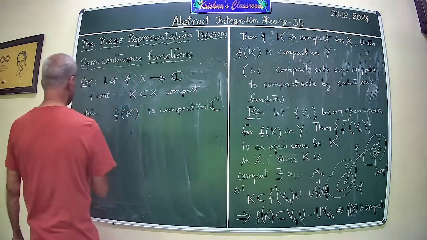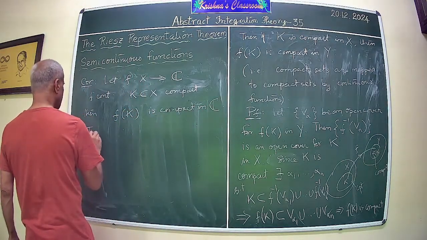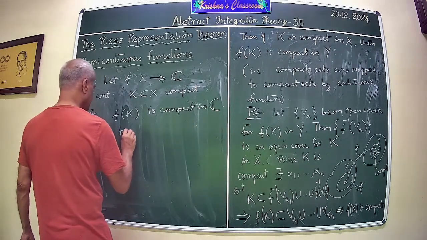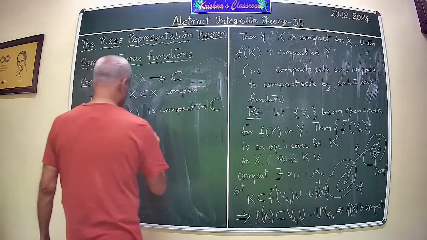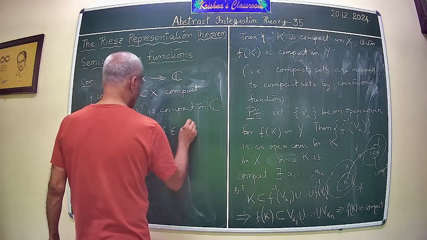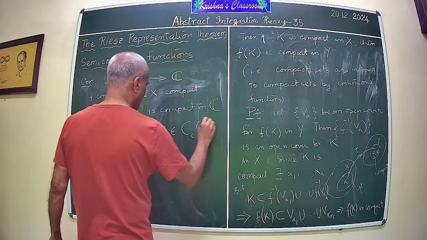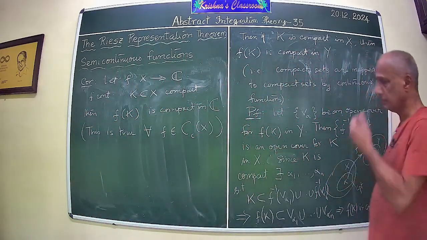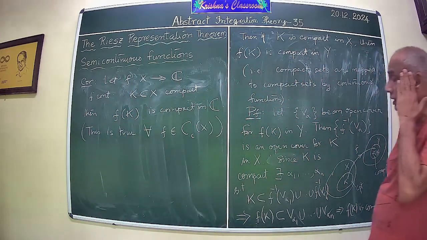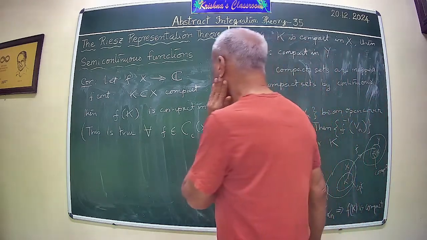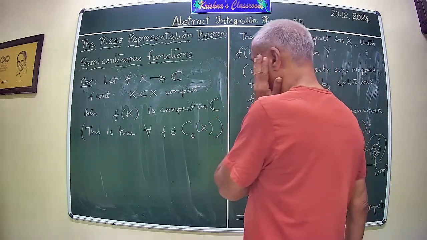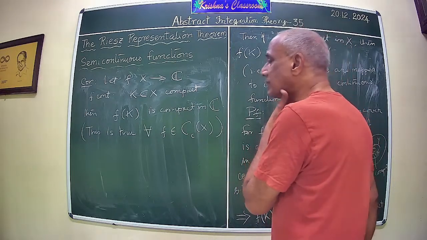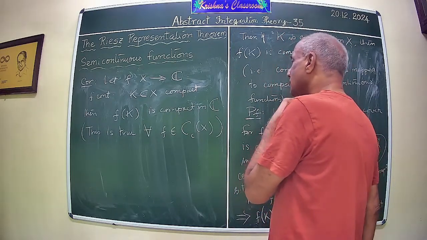And this is true, so every continuous complex valued function f on a topological space has the property that it maps compact sets into compact sets.